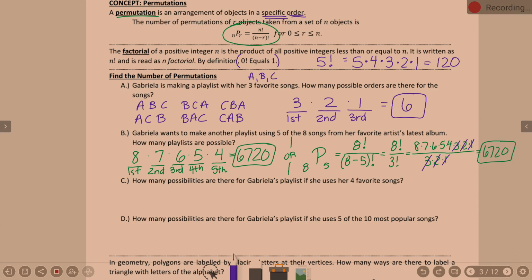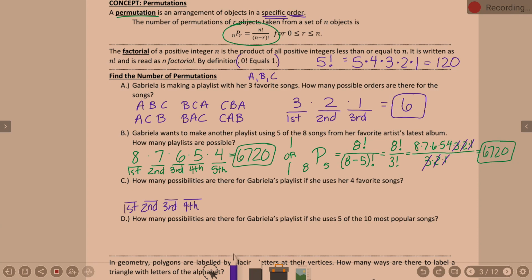What's an option of how I can do this? Could we do 4 times 3 times 2 times 1? Yeah. She's trying to take 4 things and arrange them in 4 spots. So the first spot, the second spot, the third spot, the 4th spot.